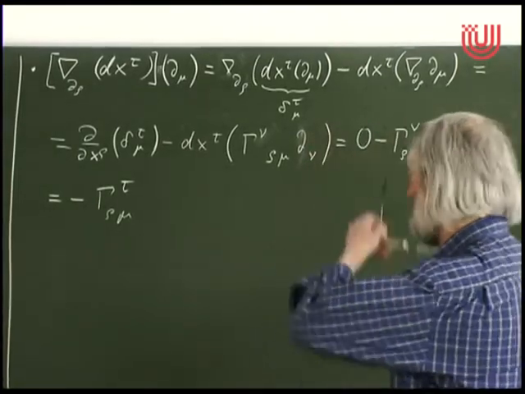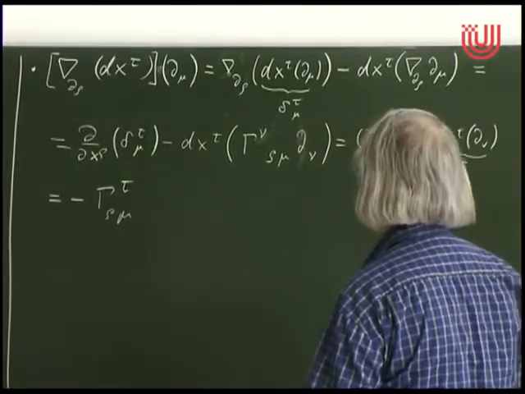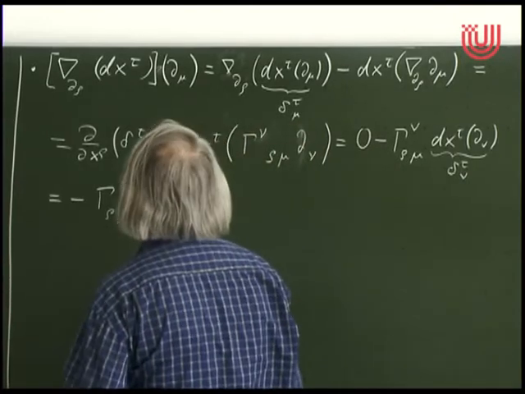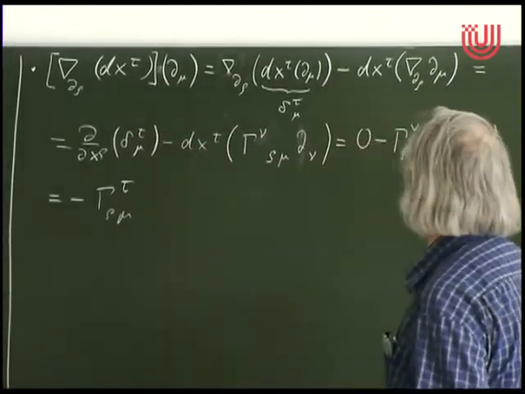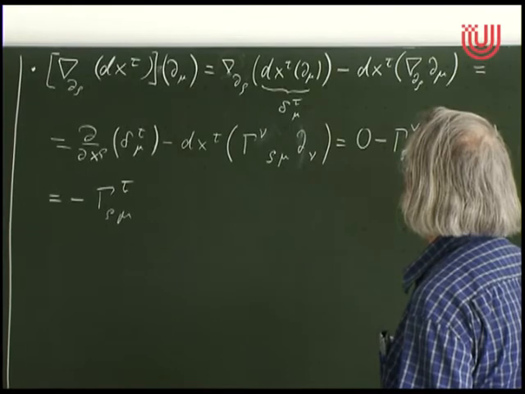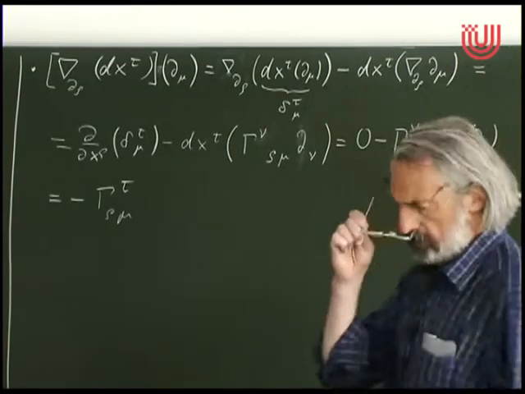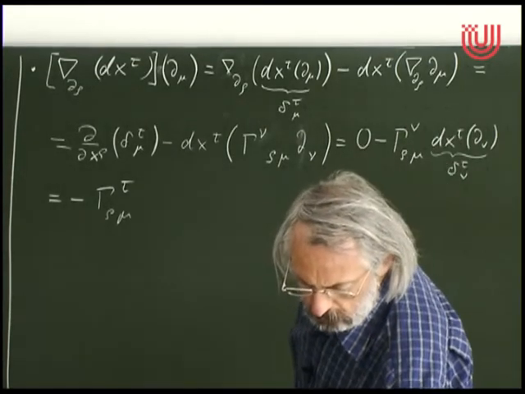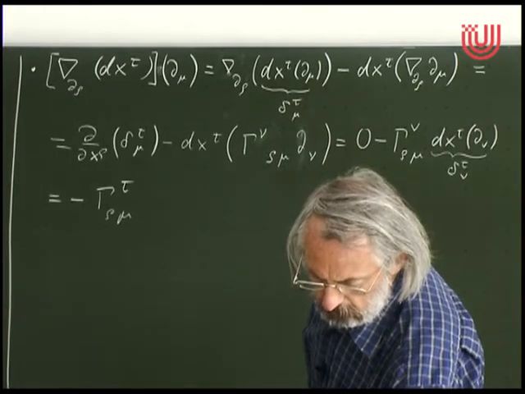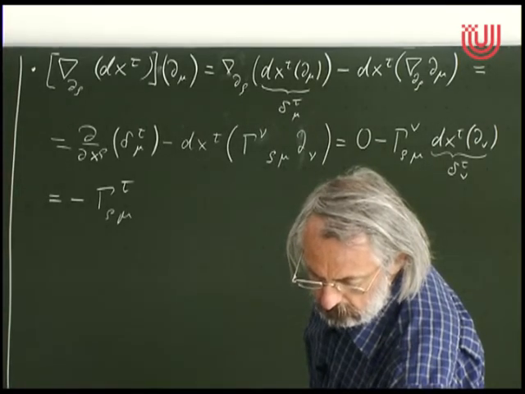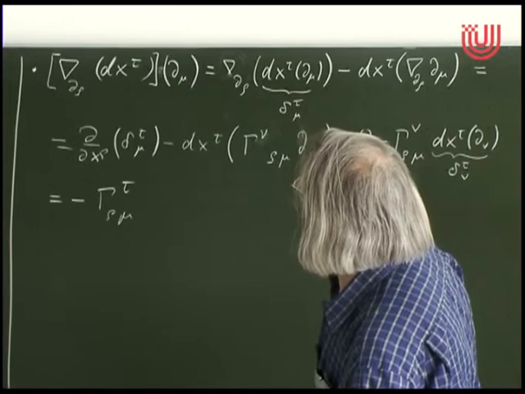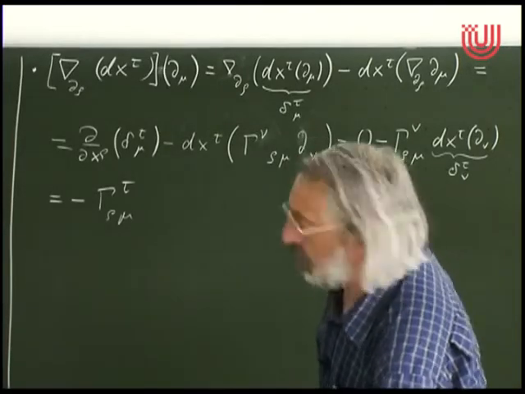Okay, I could write this in a slightly more complicated way. Let me see, which index do I want to replace? I want to have ρ τ, so I want to replace the μ.